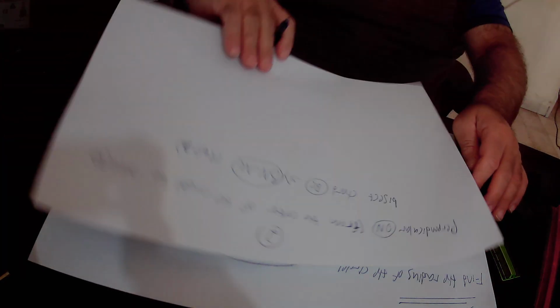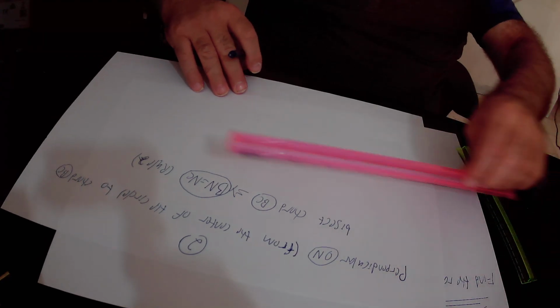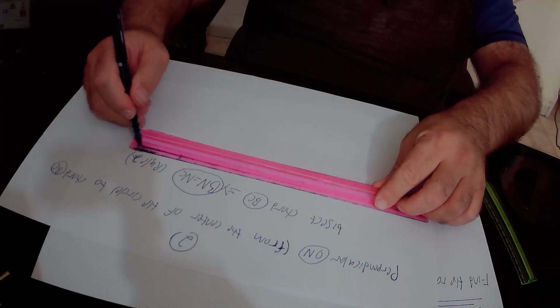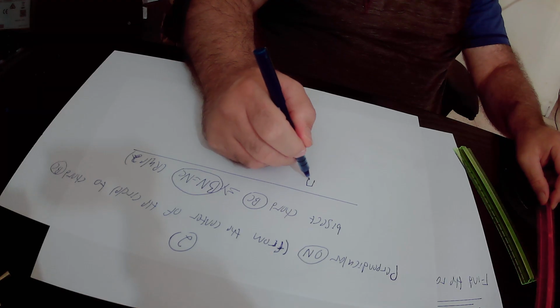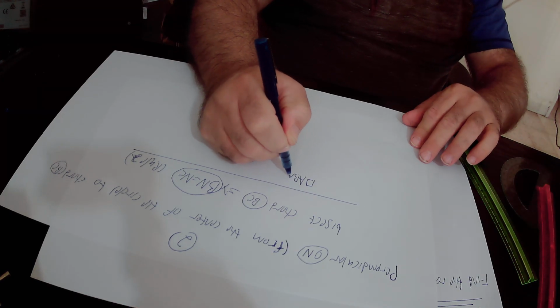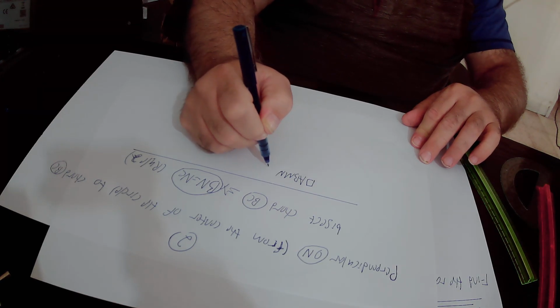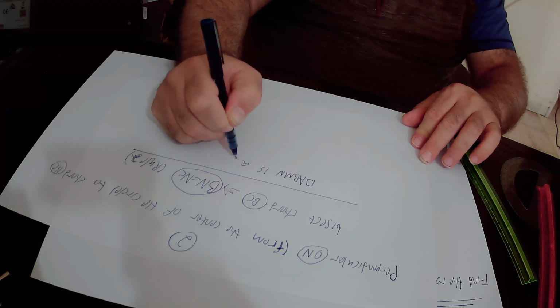So I write it down. Quadrilateral ABMN is a rectangle.